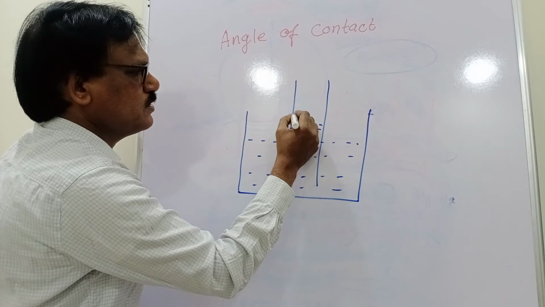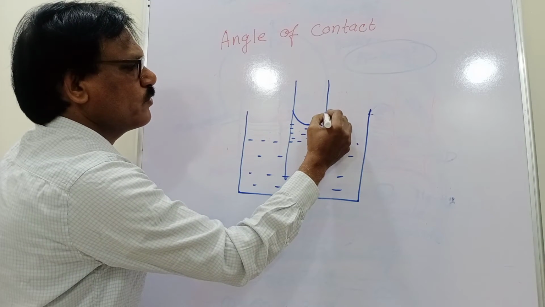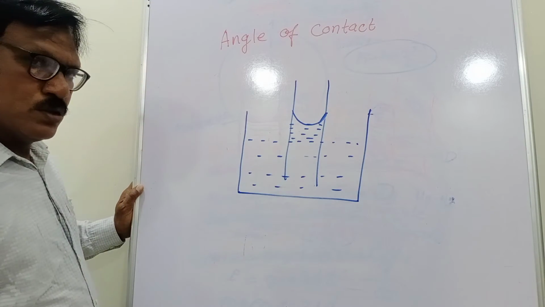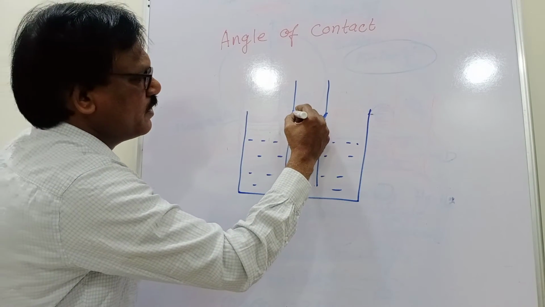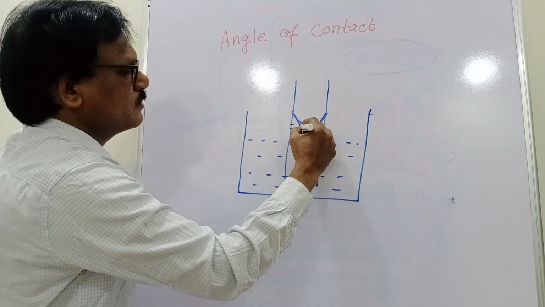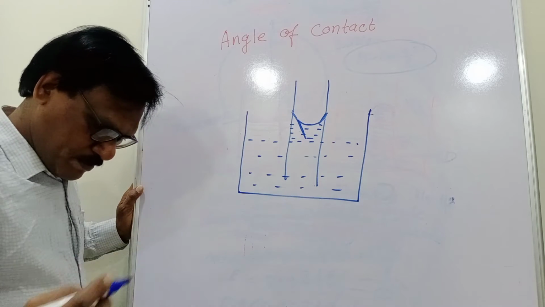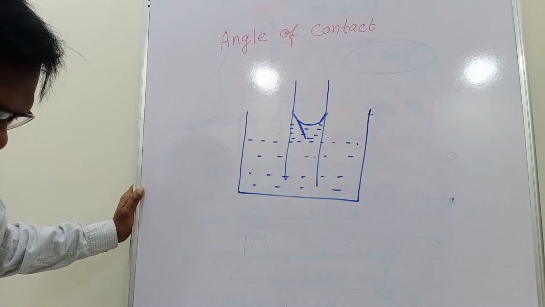That reason we will discuss, and the meniscus will be concave. So if we draw one tangent here, the tangent at the surface, what is angle of contact?